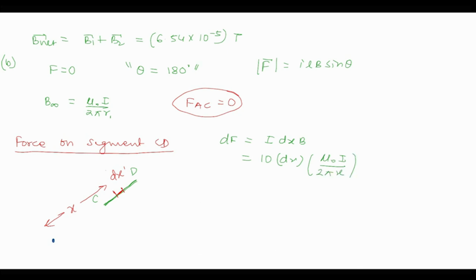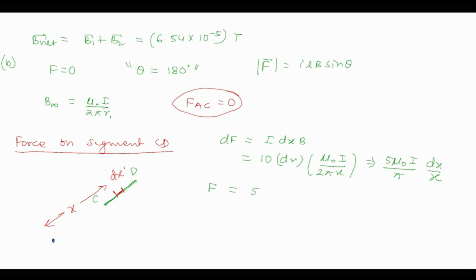For this expression, we obtain 5 mu naught I upon pi into dx by x. So we integrate from r1 to r2, that is 0.08 to 0.12. On integration we obtain 5 mu naught I, where the value of I is equal to 10.